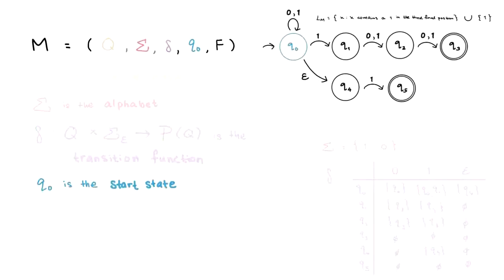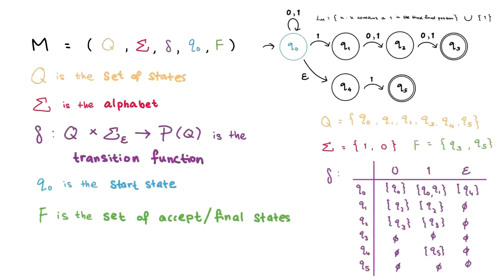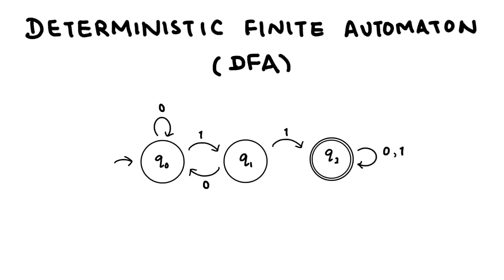Q0 is the start state, and finally, F is a set of accept states, also known as final states, which in this case is the set containing Q3 and Q5. You might have noticed that this seems very similar to DFAs. And you might have also noticed that a DFA could probably pass as an NFA too.